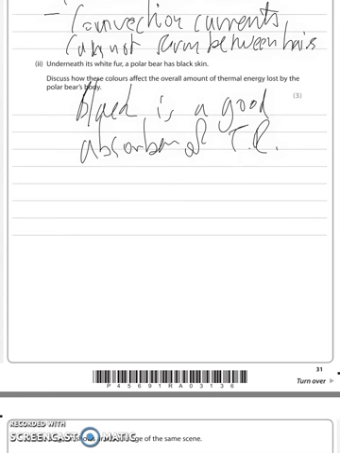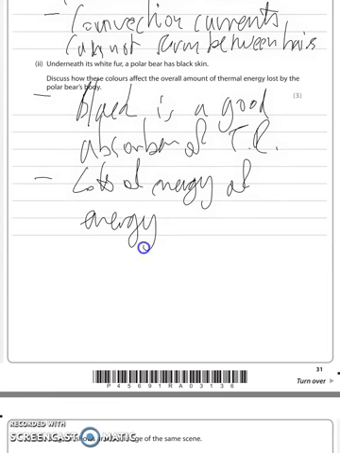So black skin is a very good absorber of thermal radiation. And then you have lots of energy being absorbed by the skin to keep it warm.